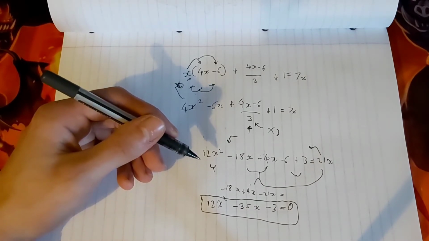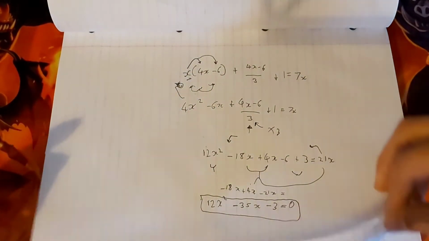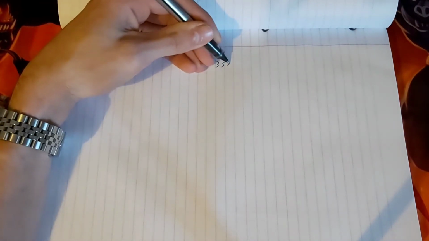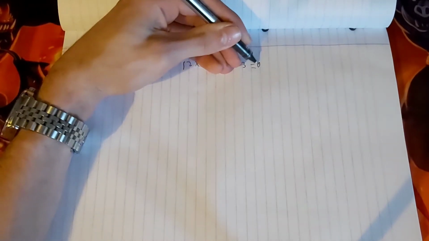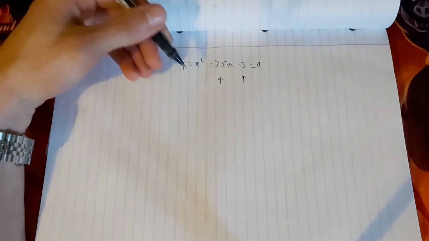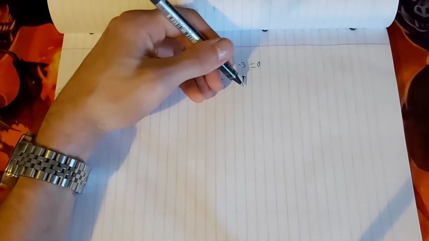So, we all know how to do that, don't we? Yes, we do. So, 12x squared minus 35x minus 3 equals 0. We know that this is going to be two numbers times together, okay?